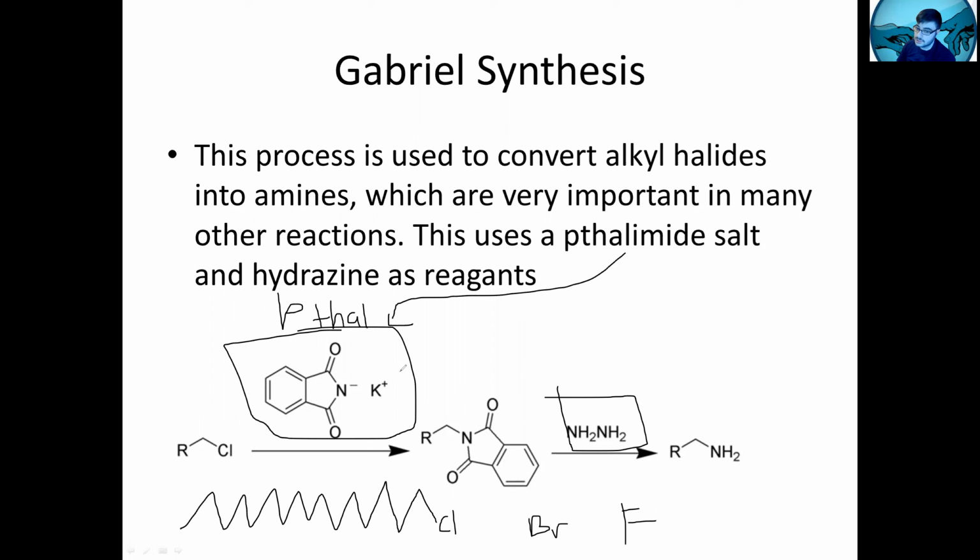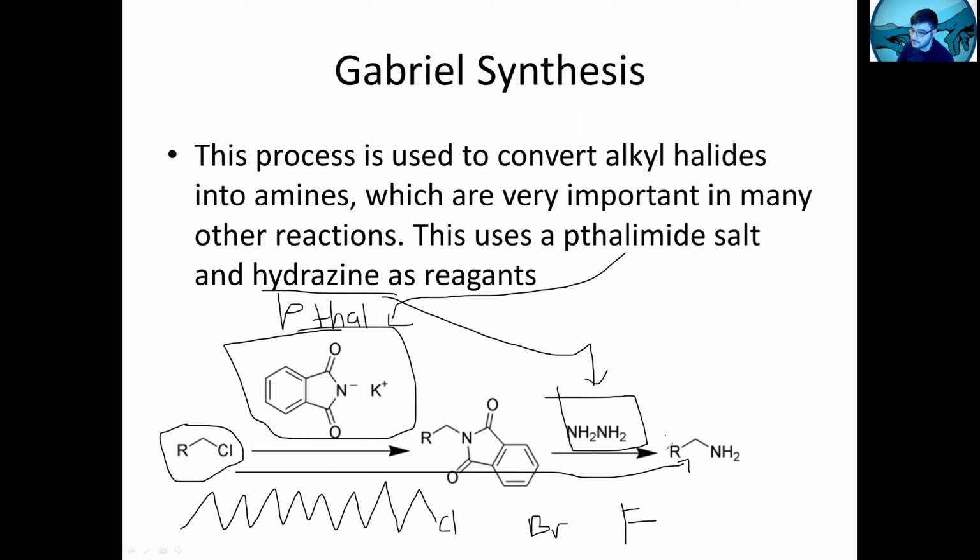And it's a salt because it has this negative charge, and it also has potassium. So this one's a potassium salt. So this phthalimide salt, and this hydrazine, which is this thing. Hydrazine uses these two as reagents, and you can turn this straight up into this, which is again very useful.